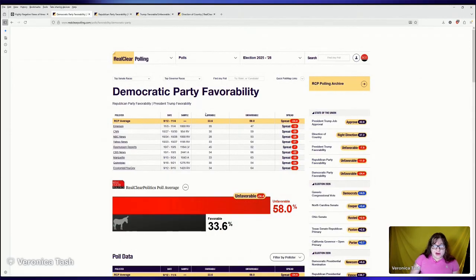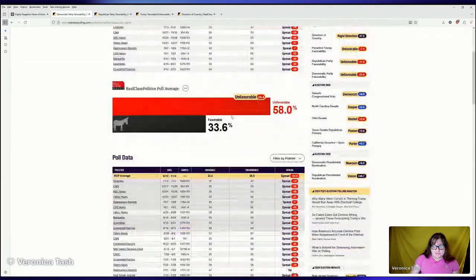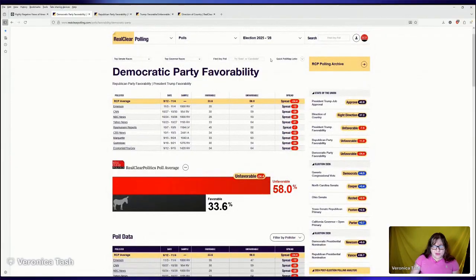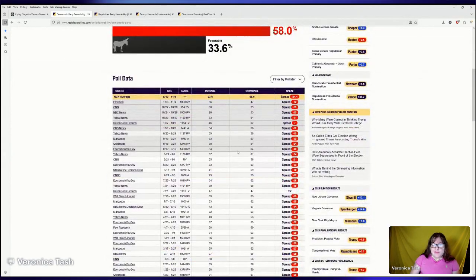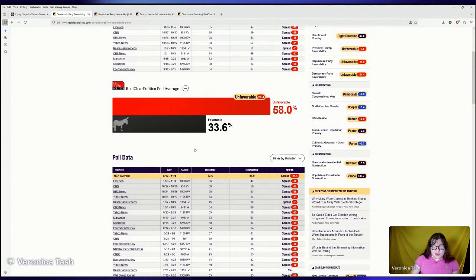But let's look at the Democratic Party favorability, according to Real Clear polling, which brings a whole bunch of stuff. And I'm not going to say that the polling is 100% accurate, but the general trend is going to be accurate.